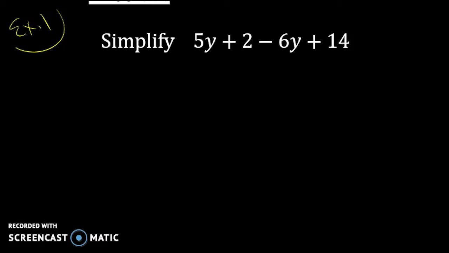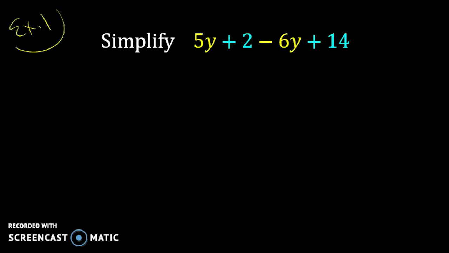Now when we've been doing these, we have been just combining our like terms. So we have our 5y. Remember, we have the negative 6y because this is like saying plus a negative. Then we have a positive 2 and we have a positive 14. So we're going to combine these things.